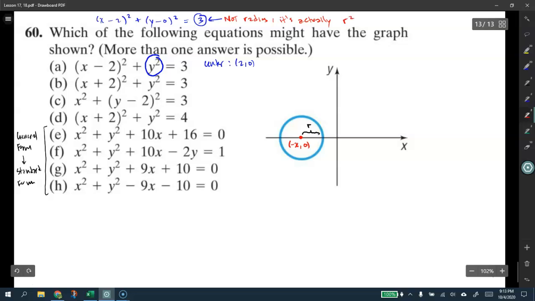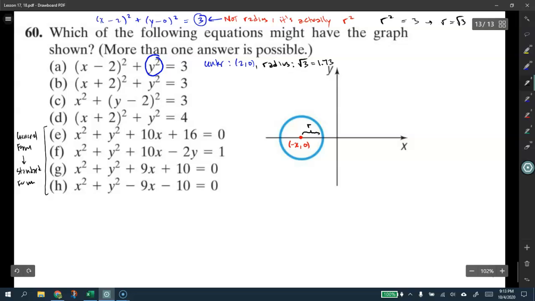So what we're saying is r squared is equal to 3. So what is the radius really? We learned that you have to take a square root, and that is actually the radius. And so the radius of this circle is therefore equal to the root of 3, which if you use a calculator and check, it's about 1.73.